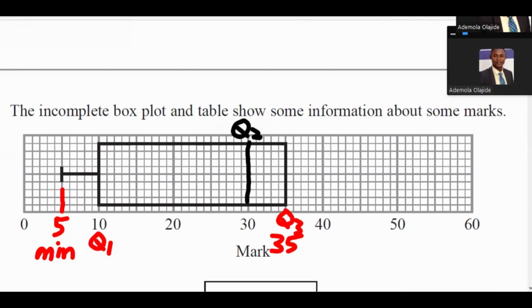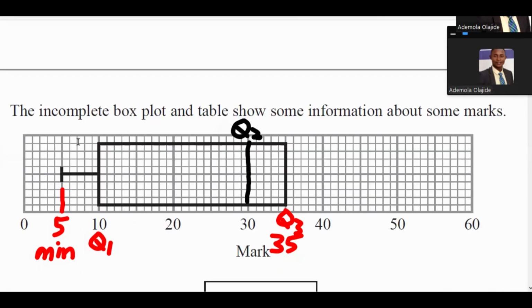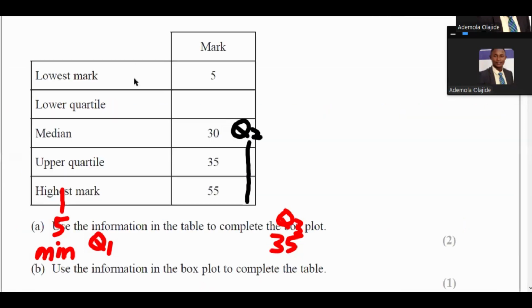What else are we to find? Okay, according to the table, the lower quartile is 10. Q1 is 10. So we can just come to the graph or the table to put 10 here, using them to fill each other. The highest mark from the table is 55.